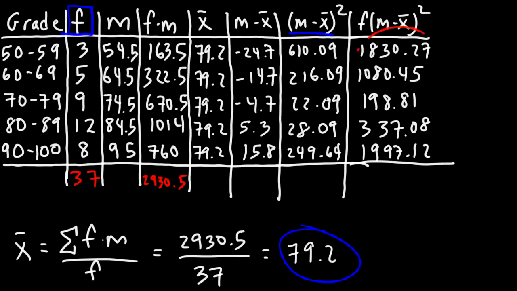Now, we do need to take the sum of that column, so let's add those 5 numbers. And so you should get 5,443.73.